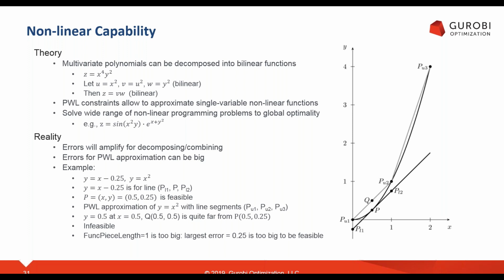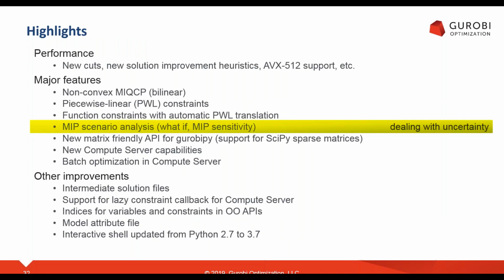So that is something that you have to keep in mind when you work with piecewise linear approximations. In this case, the issue is that the piecewise linear approximation was just not accurate enough. The error that the piecewise linear approximation has compared to the actual nonlinear function is just too big.